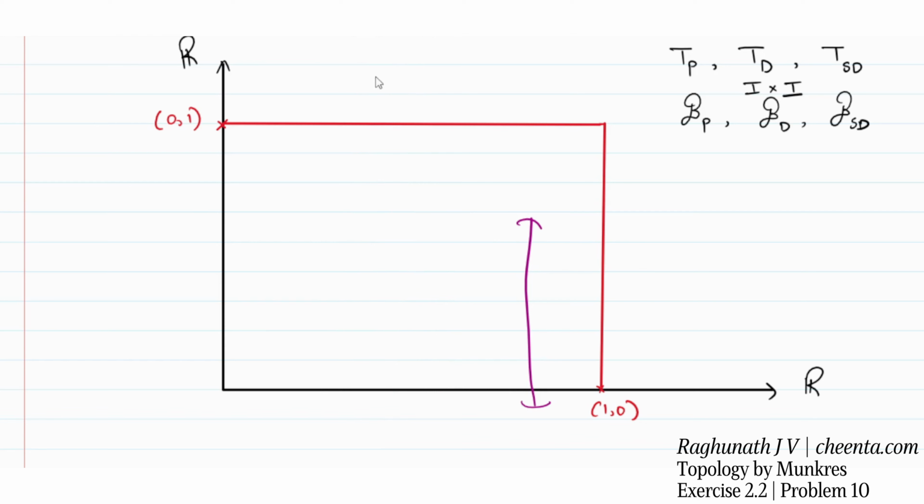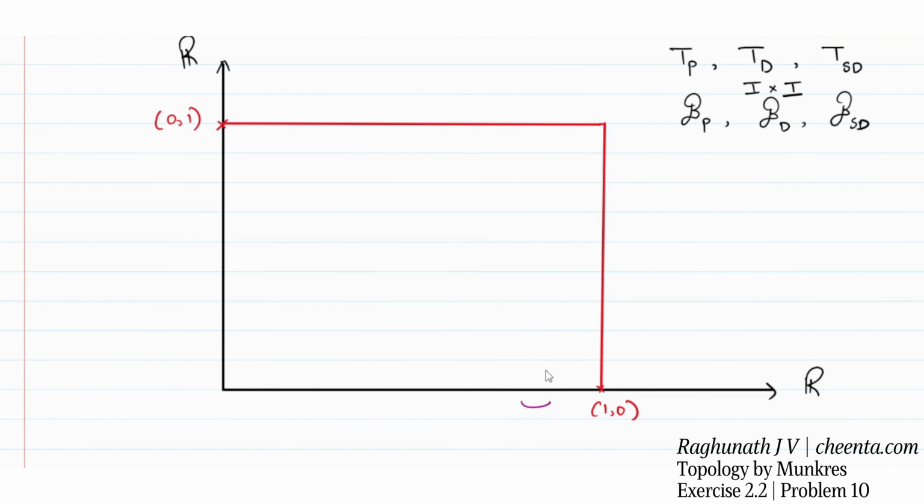So this is open in R cross R. Now if you consider its subspace with I cross I, since I cross I includes this border, this green portion will be your basis element, because the violet region was your basis element before the subspace. Now you have to intersect with the subspace, you will get the green portion.